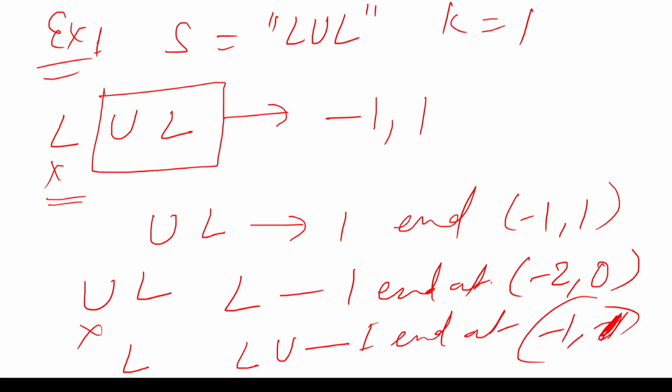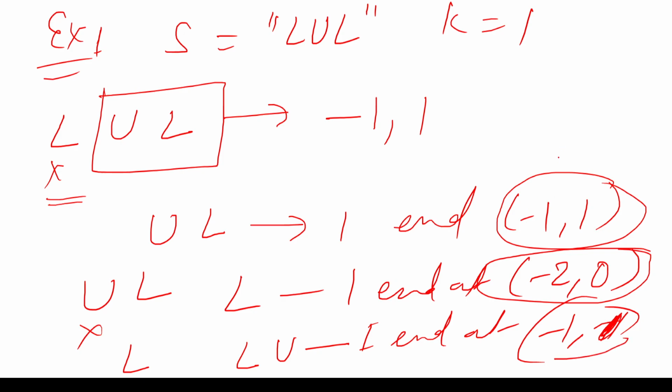So the distinct ones, if you see here, are -2, 0 and the other value we are getting, -1 and 1. For this case we have two distinct points, because this is a duplicate.